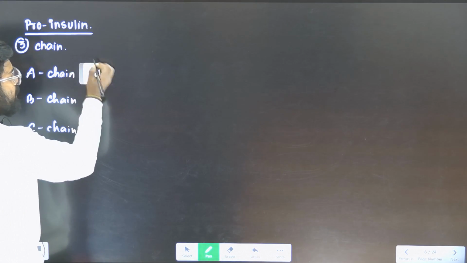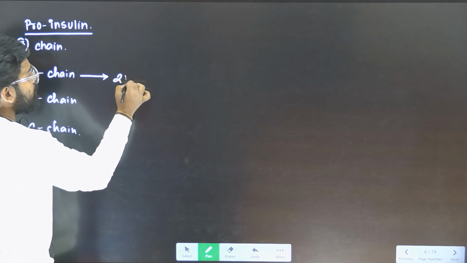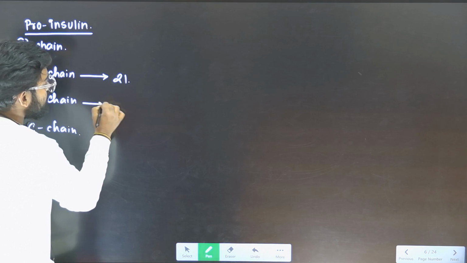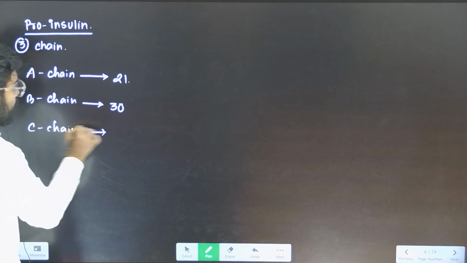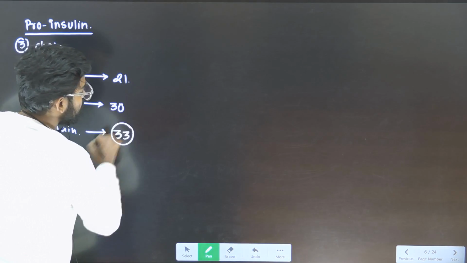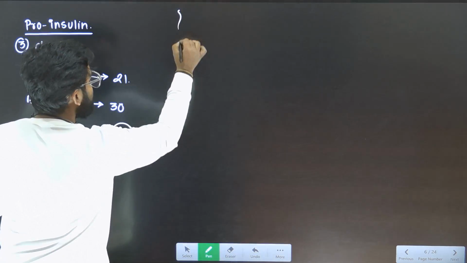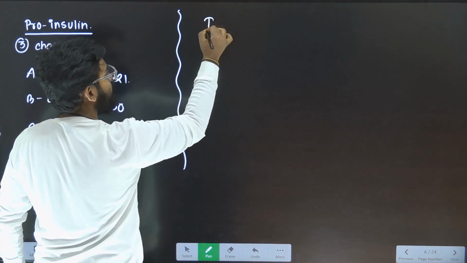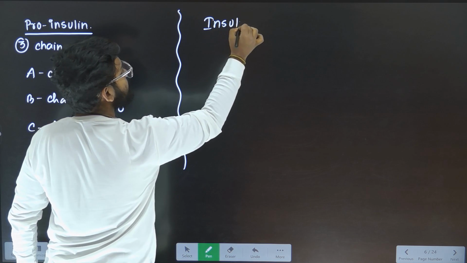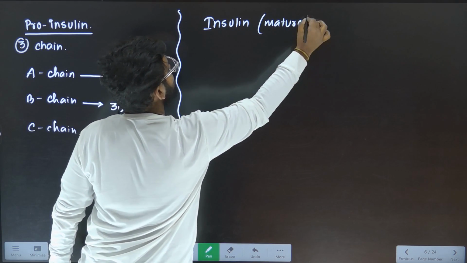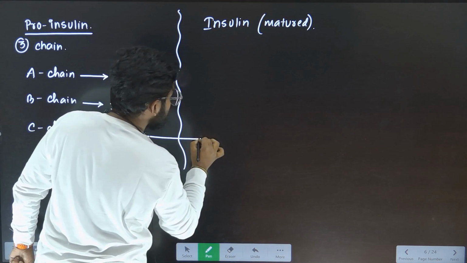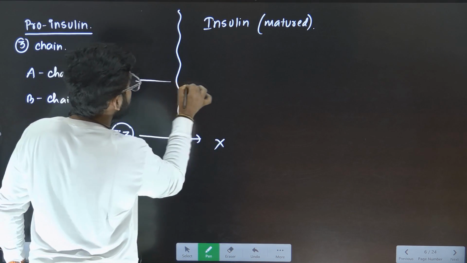The length of A chain is around 21 amino acids, length of B chain is around 30 amino acids, and the length of C chain is around 33 peptides. But during the process of maturation, when we call it insulin, or rather matured insulin as well, the C chain is lost, this remains the same.